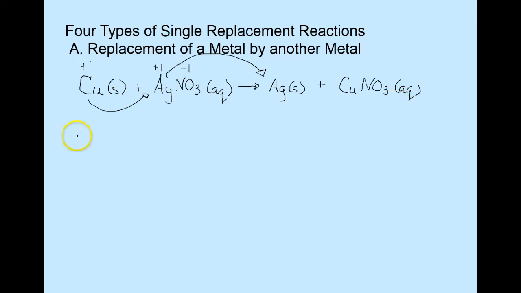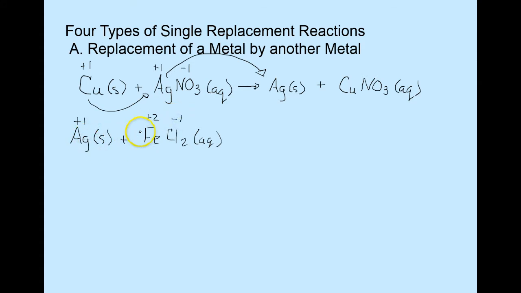Let's take a look at another example. Let's say now we have silver. Silver is a solid. It's going to react with iron(II) chloride, FeCl2, and iron(II) chloride will be our aqueous solution. Now silver, as we know, is +1. Iron is +2. Chlorine is -1.